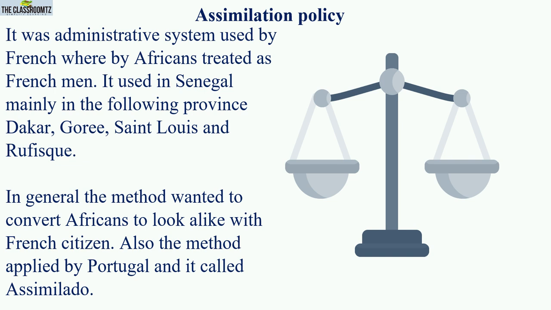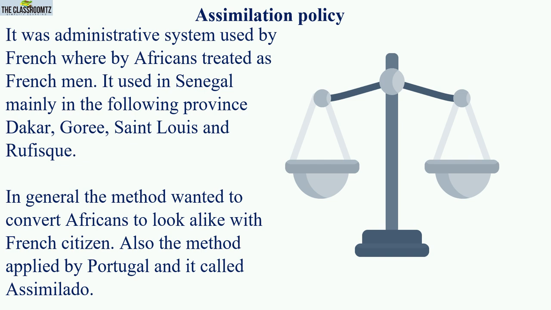And the main meaning of this assimilation policy was to change African people to look like Frenchmen, to assimilate people to look alike. So they were Africans, but they were supposed to look like French citizens.